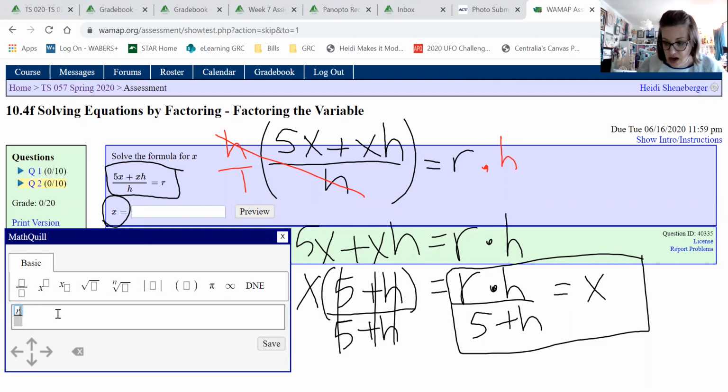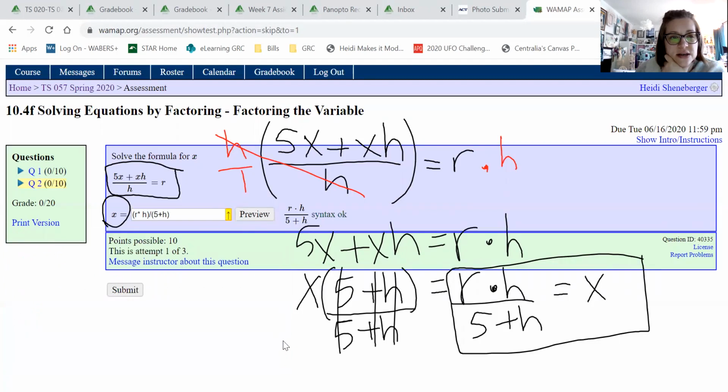I'm going to say r times h, and I got the times dot by using the star button, which is either Shift 8 or it's over on your number pad. And then on the bottom, oops, I'm going to have 5 plus h. I wonder if it's going to make me factor those h's out. Let's see. We'll check this first.